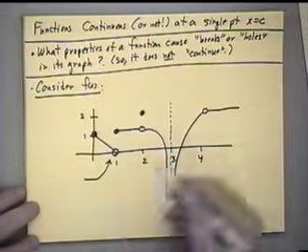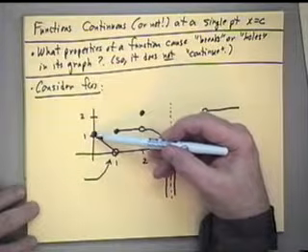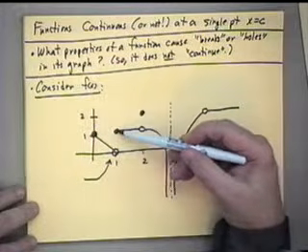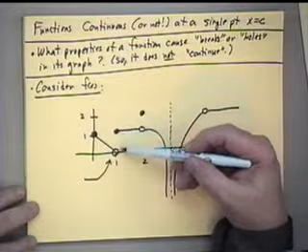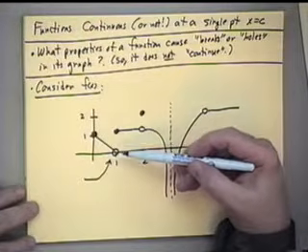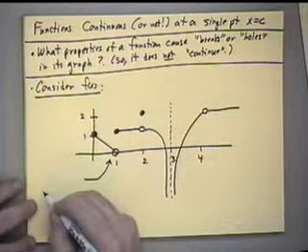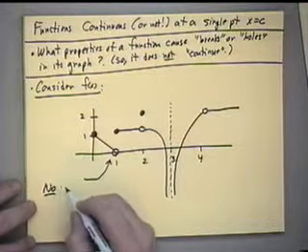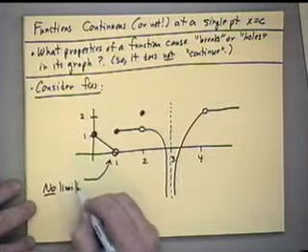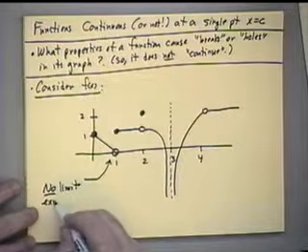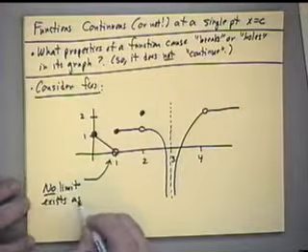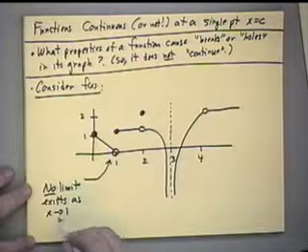This first one here, you can see if you're starting from the left and you're coming down to the function and then you have to hop up here to continue, there is a break there. And it looks like a jump, so that is in fact what it's called. What happens here that makes that jump happen is that no limit exists as x is approaching 1.